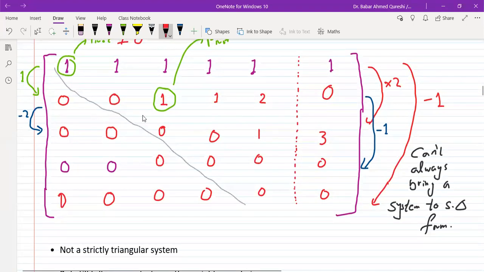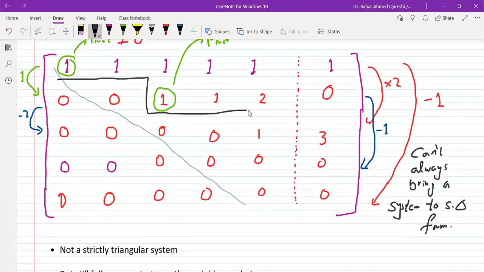But it has some other kind of form. Let me use this. It's like a dropping stairs. If I just pass through zeros, keep the zeros below this line, it's like a staircase which is going down from left to right.